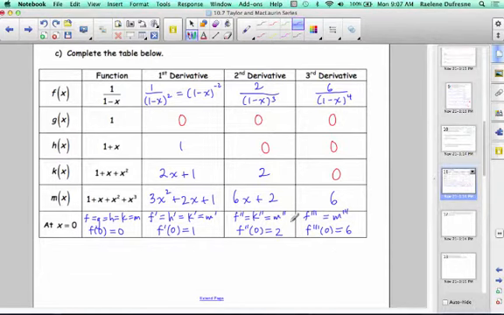So we could think of it as an ordered quadruple, if you like. Rather, quintuple: we have the x-coordinate, and then we have the y-coordinate, and then the first, second, and third derivative values.